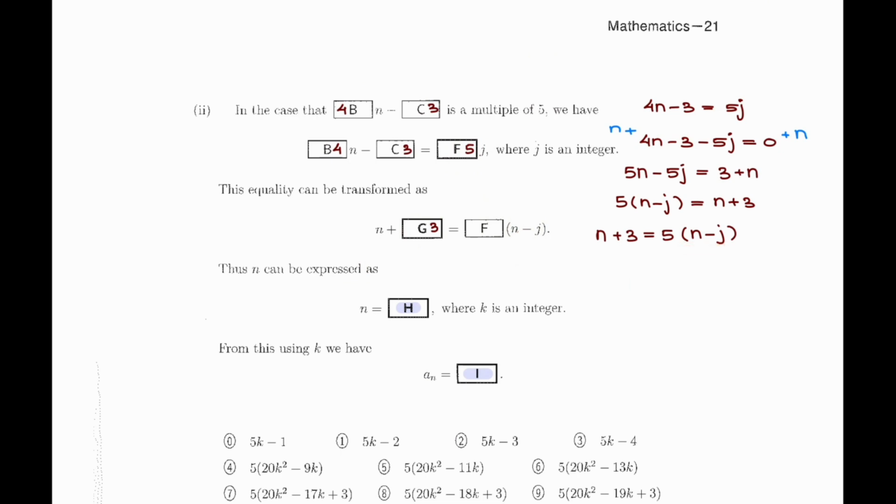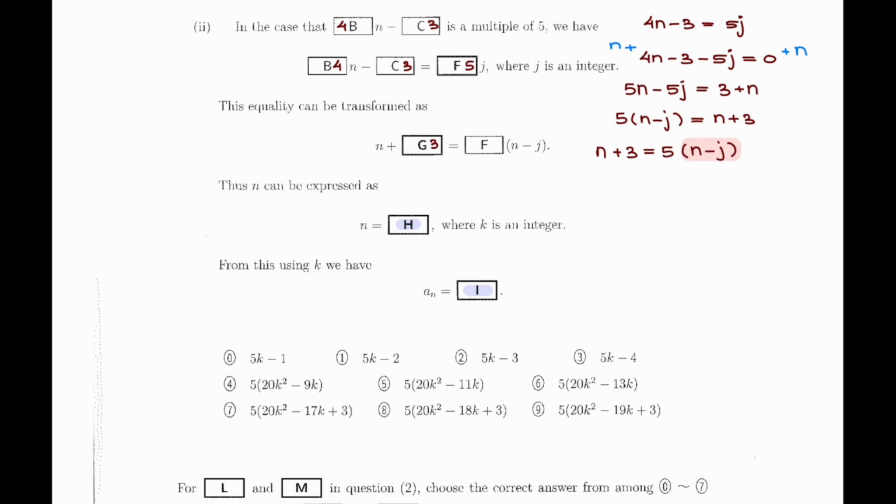Of course, I can change n minus j here into a new integer. In this question, they already said that k is an integer. So I think n minus j here can be substituted or changed into k. So I have n plus 3 equals to 5k. That means n is equals to 5k minus 3.